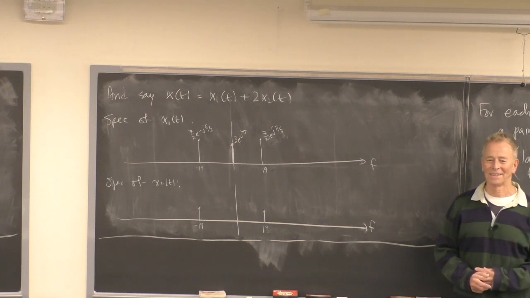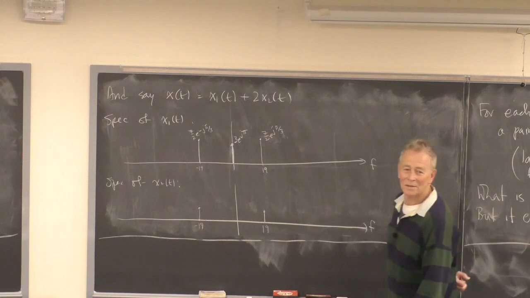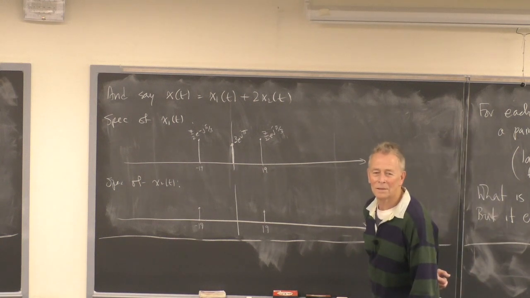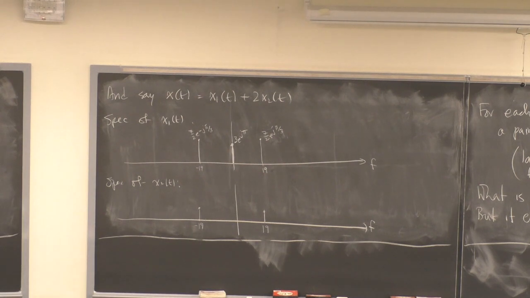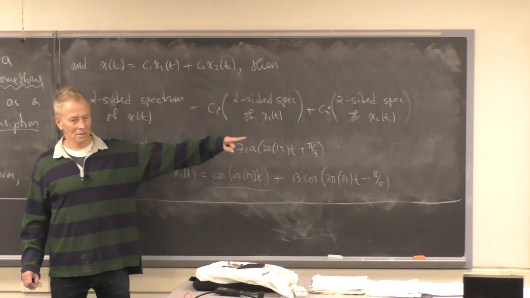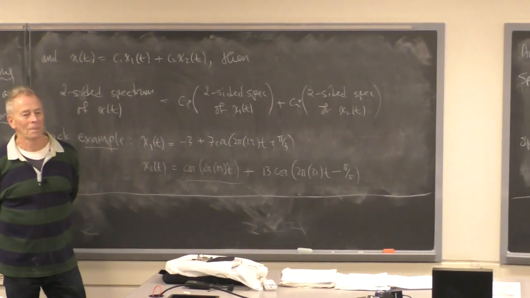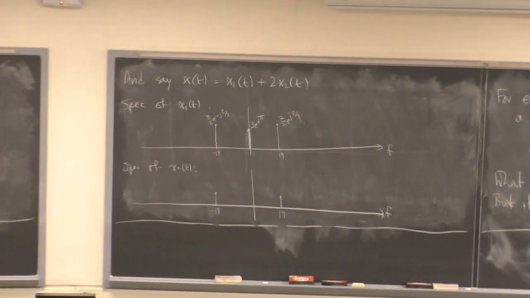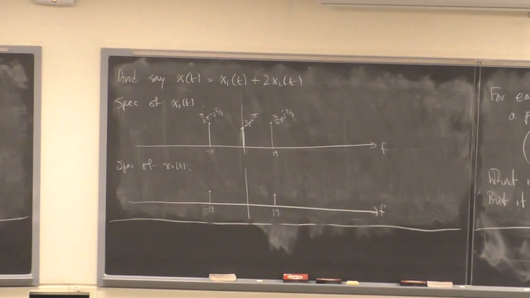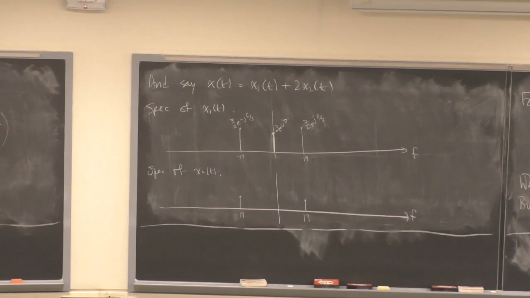Remember, we're looking at this term. That term gives us the stems at plus or minus 19. Would it be one half e to the j 0?